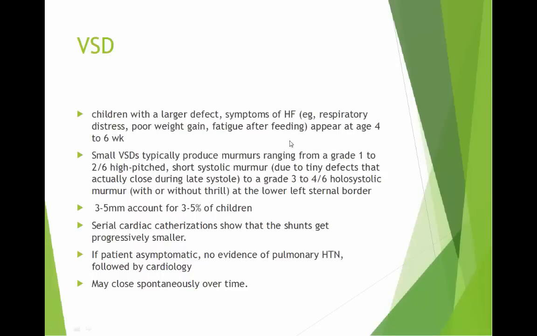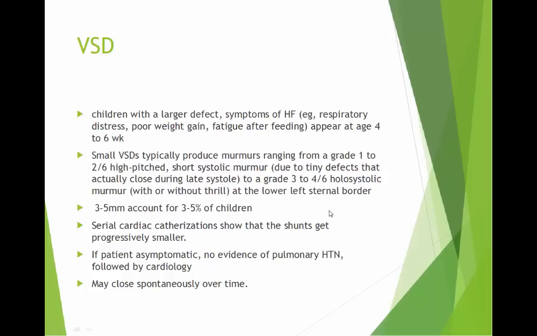This is again treatment. Children with a larger defect would have what I just said: respiratory distress, poor weight gain, fatigue after feeding. A small defect will produce a murmur grade 1 to 2 over 6, and even higher and holosystolic when the defect is bigger.